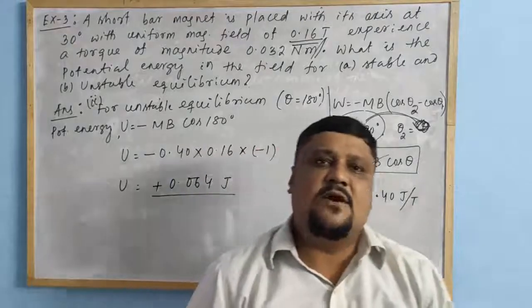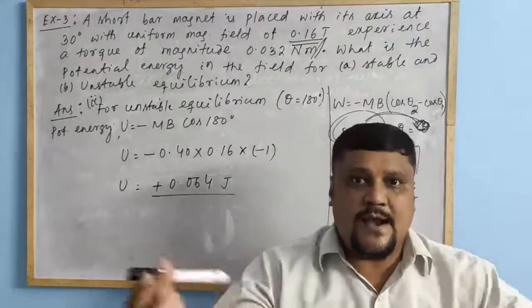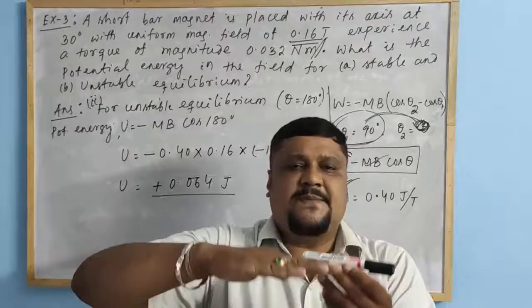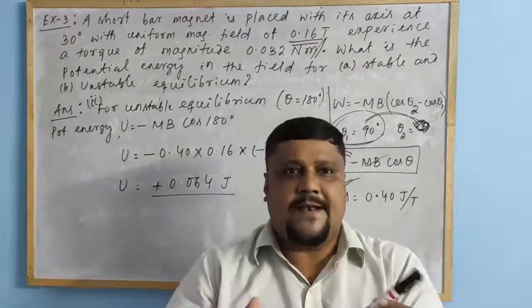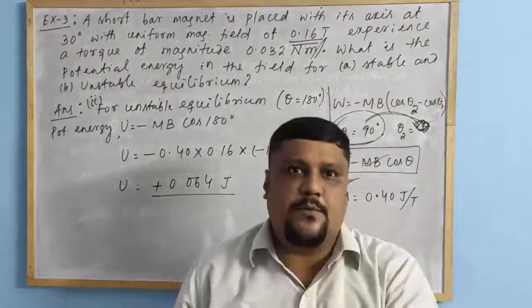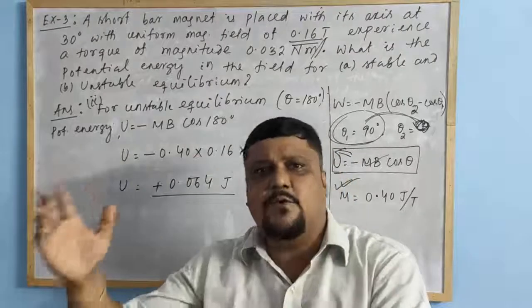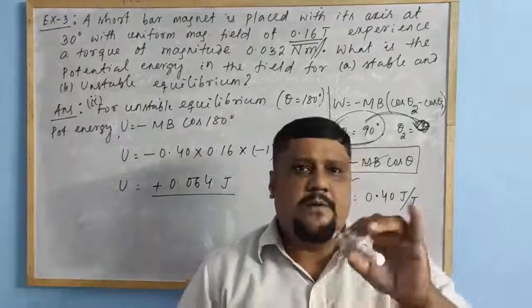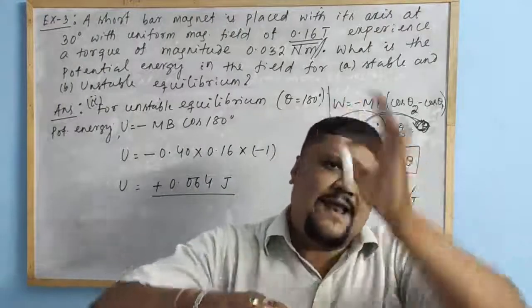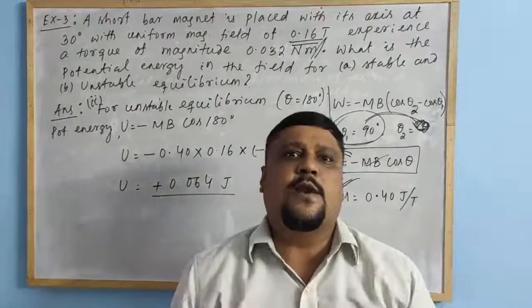Another one is called neutral equilibrium. In the neutral equilibrium, if you disturb the magnetic dipole or electric dipole, same thing for electric dipole, it will come to any position and remain in neutral equilibrium.